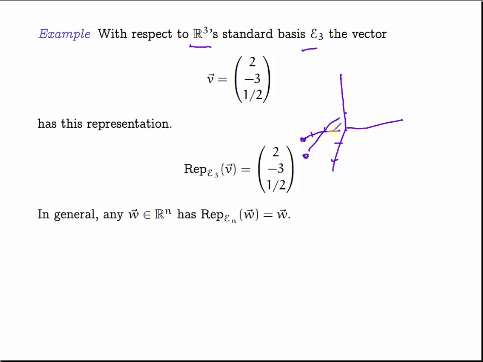My picture is not so good, but similar to the picture I drew already, this vector can be thought of as 2i minus 3j plus 1/2 k, and then identifies with the point (2, -3, 1/2).